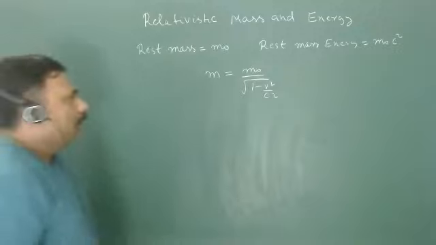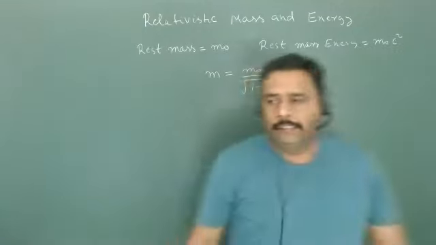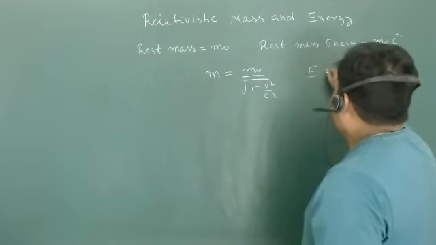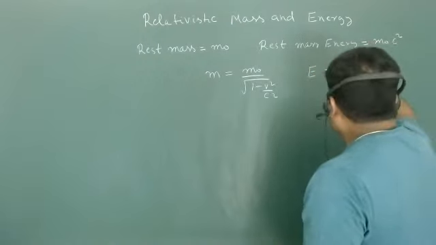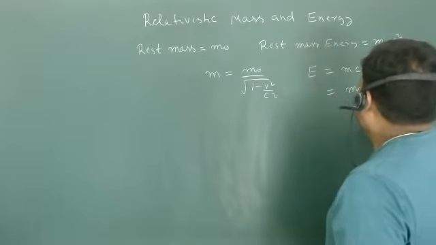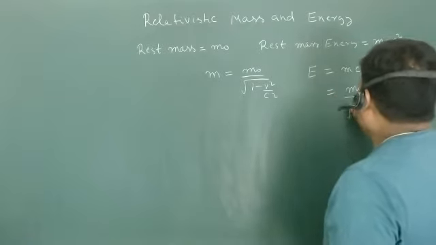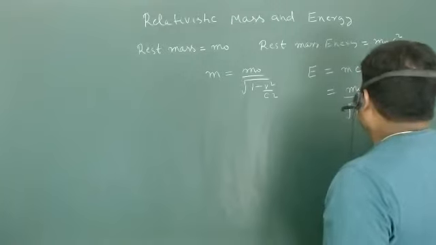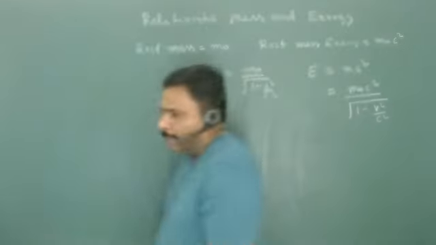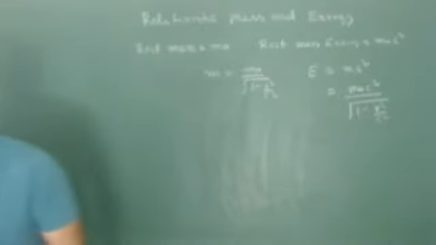The corresponding energy E is equal to mc square, which can be written as m naught c square upon root under 1 minus v square upon c square. So this is all about relativistic energy.